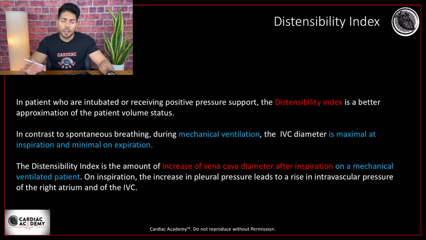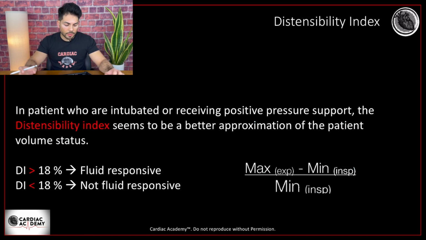So again, for the Distensibility Index, M mode is gonna be the way to go, okay? Because you need to really measure. And you're gonna look for the same numbers. You're gonna look for a maximum dilation and for a minimal dilation. The difference is that in this case, the formula is a little bit different. It's maximum minus the minimum and then divide by the minimum, which is different than the collapsibility index in which you divide by the maximum, okay?